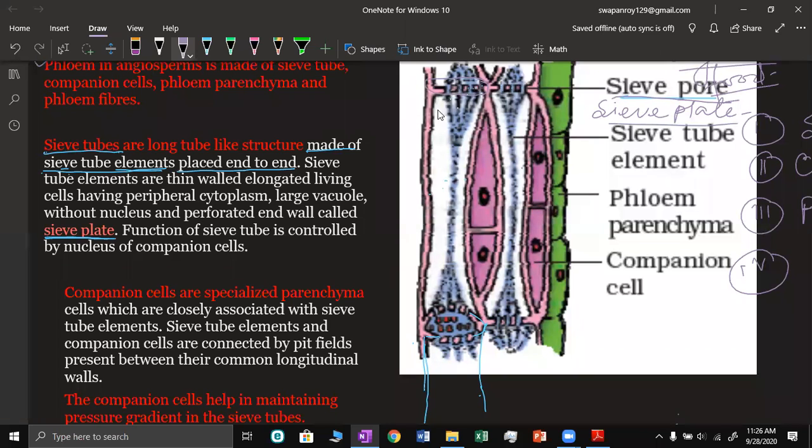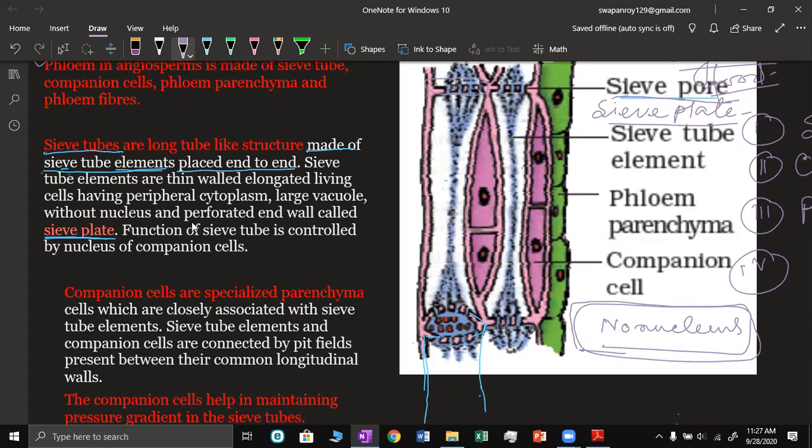This cell is living, but one thing is that when the sieve tube is mature, there is no nucleus in it. You have to remember this condition: the living cell without a nucleus in plants is the sieve tube element.